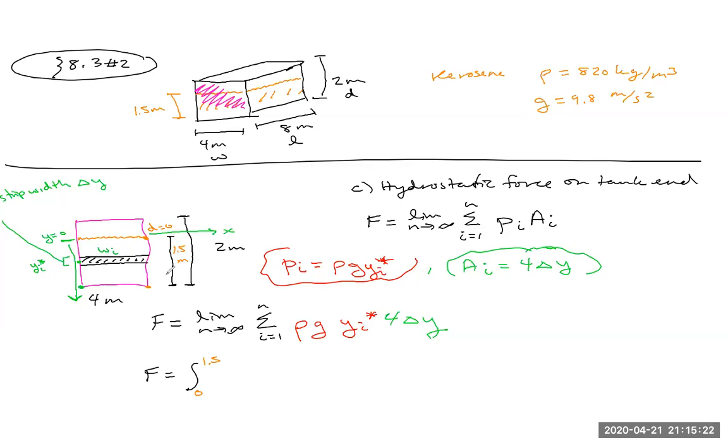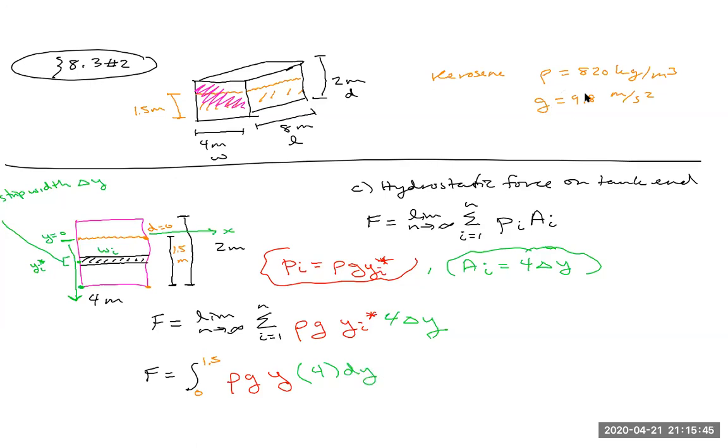Kerosene bounds, right? And then you're going to have your rho g. y_i star will become y, and delta y becomes dy.